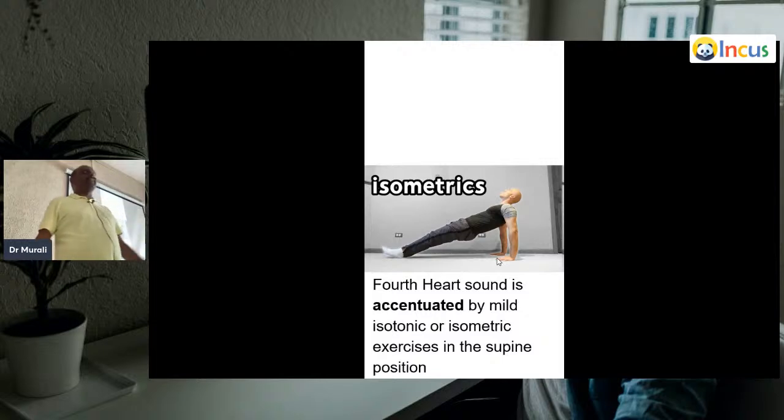Peripheral vascular resistance increases. Agree? So on one side your ventricle is stiff. On top of it, outside the ventricle also is very tight. Then the atria need more blowing power. So that is the reason S4 becomes more audible.